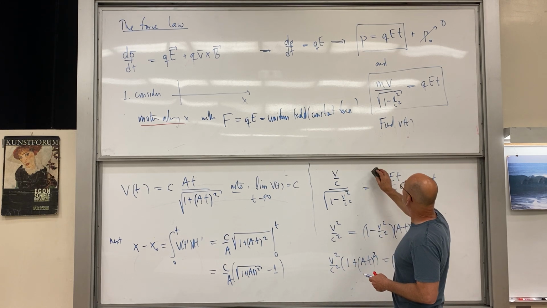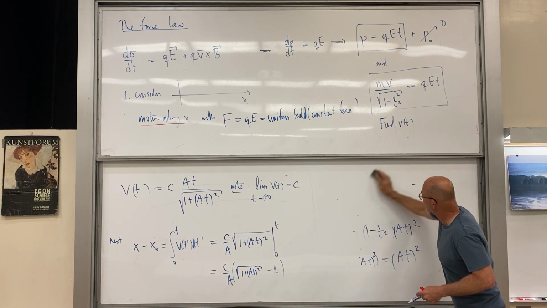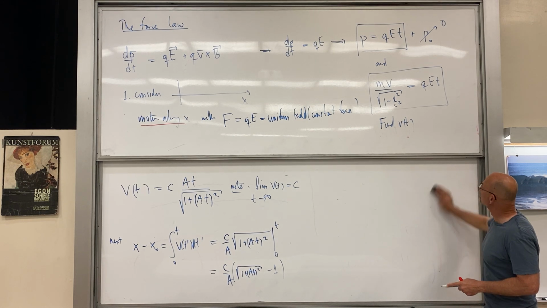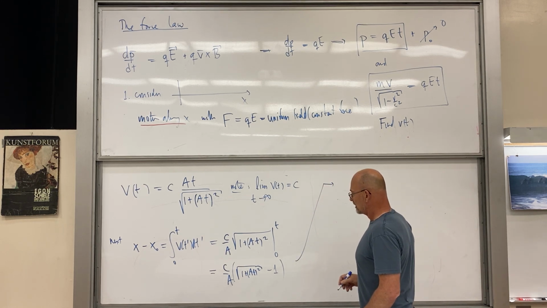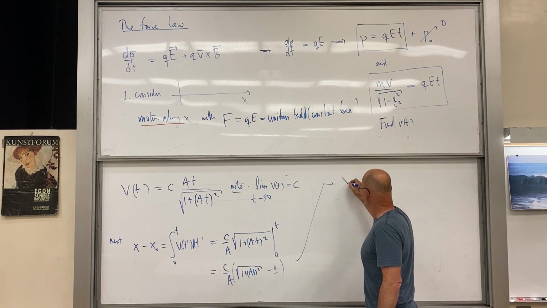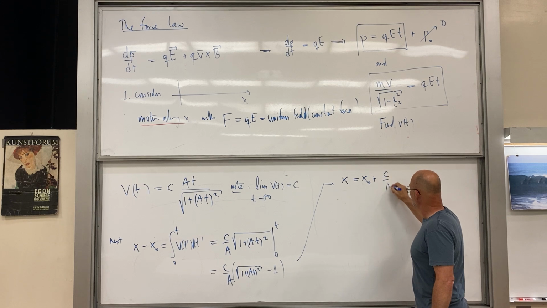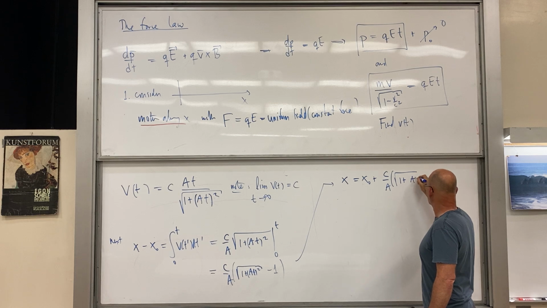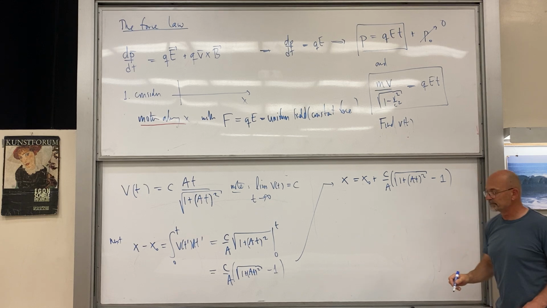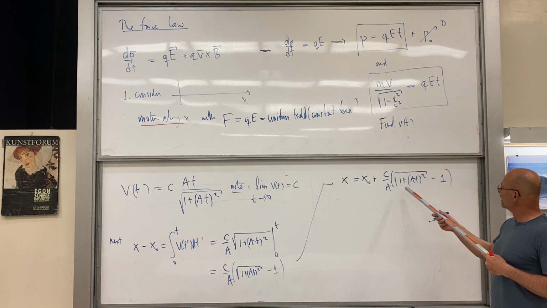I'll go ahead and erase this. So x equals x0 plus c over a times the square root of 1 plus (at) squared minus 1. So again, we're looking at the limiting behavior.